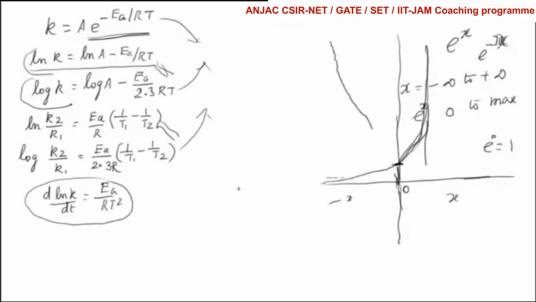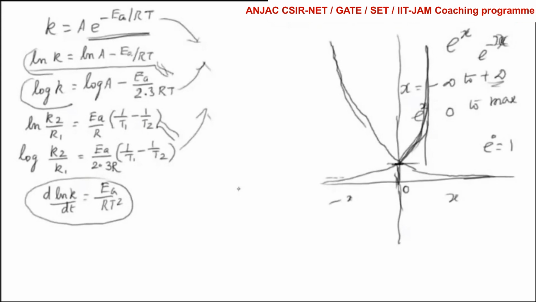Once again, it is passing through this point. When x is equal to infinity, it keeps approaching zero. Therefore, this is called the exponential decrease, and this is called the exponential increase. And this is at unit 1, 0.